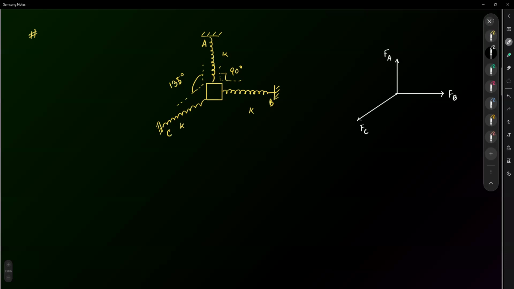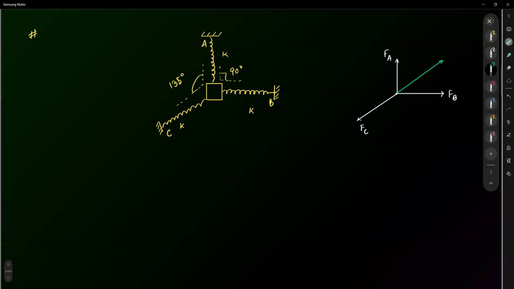right? Now, think about one thing here carefully. That is, FC should be magnitudinally equal to this force vector, right?